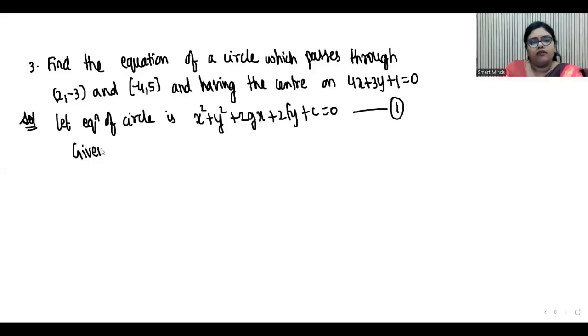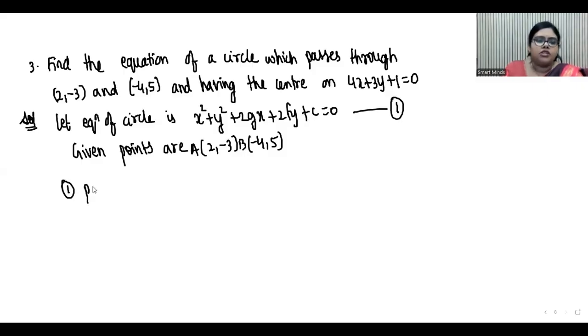Now what are the given points? Given points are (2, -3) and (-4, 5). Let us name them as A and B. Equation number 1 passes through A point, that is (2, -3). In the place of x you put 2 and in the place of y you put -3.